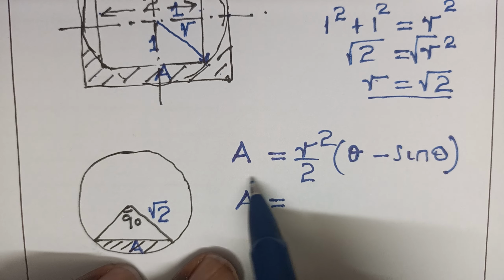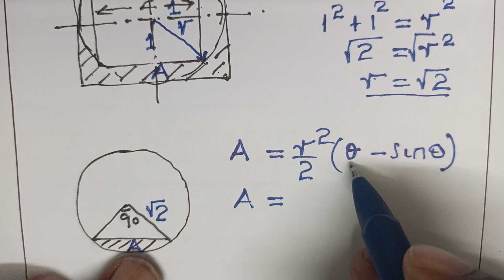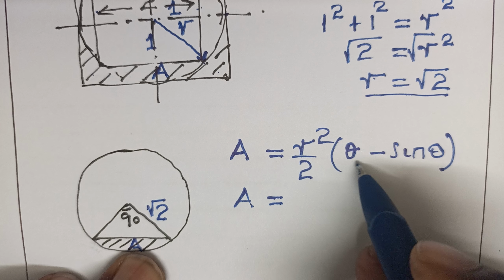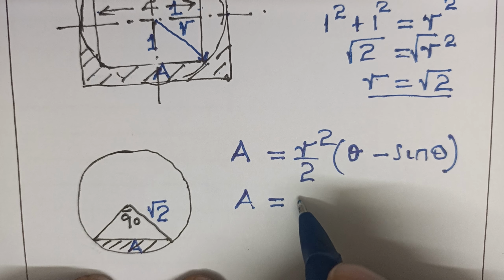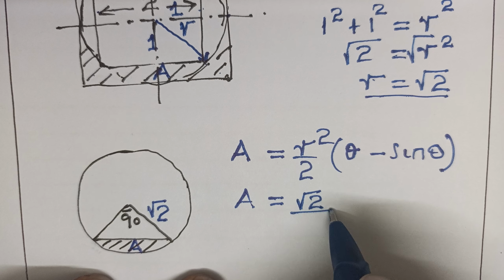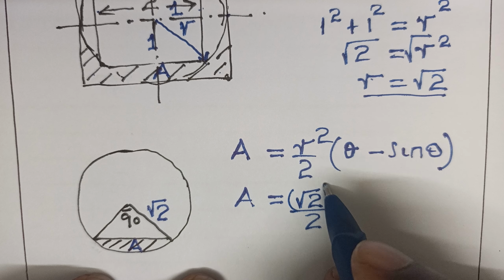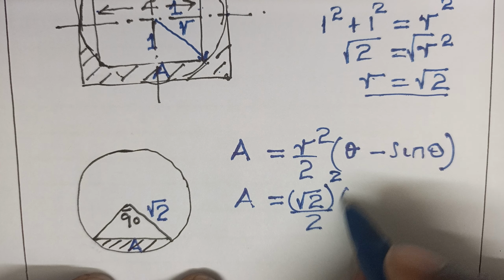So therefore, guys, now we use this equation, whereby this is the 90 degrees in radians, and this is now sine 90. And so the radius here is square root of 2. You square that, all over 2. When we square that, this comes to 2 and the 2 can cancel.